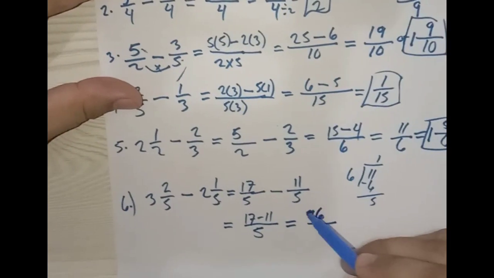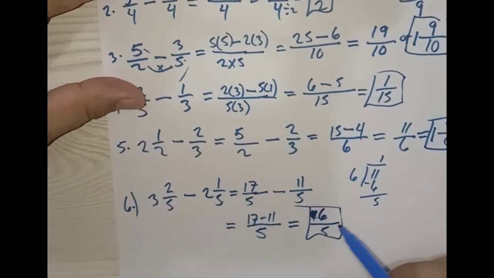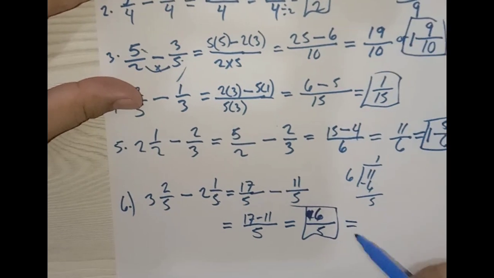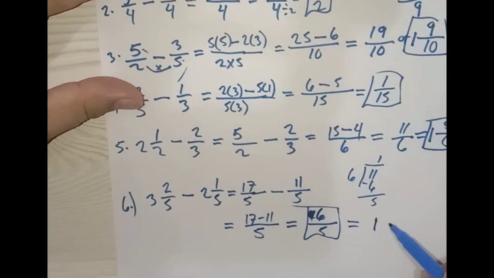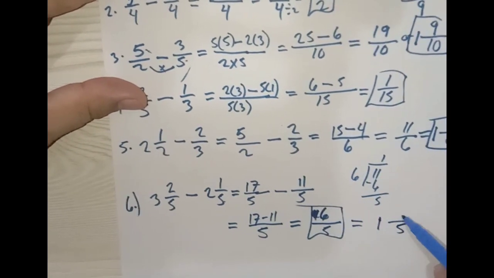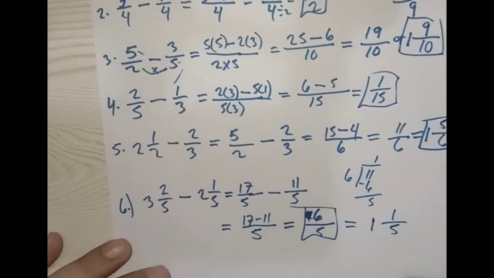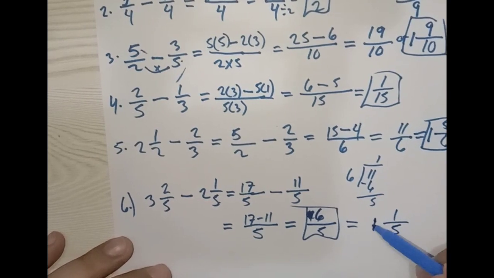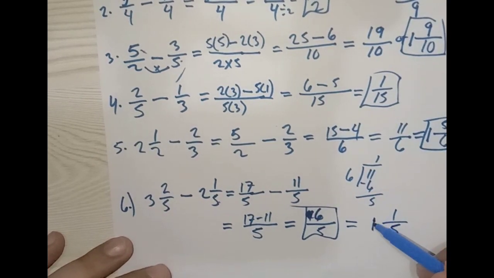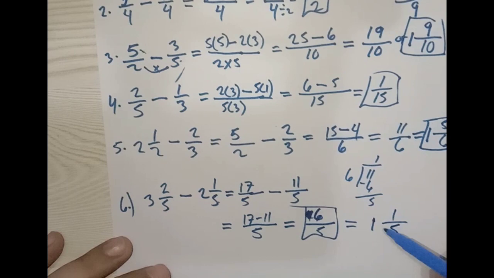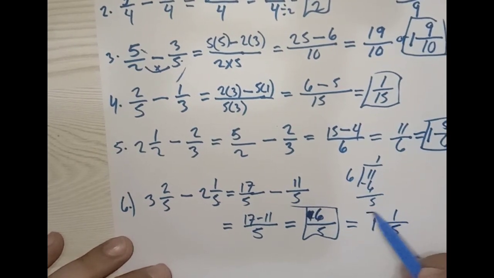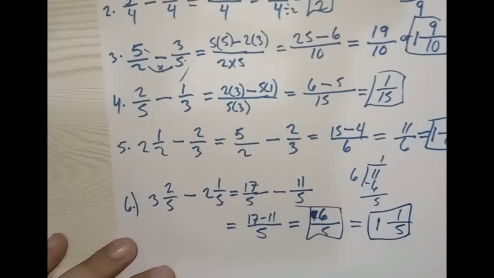So, ila-lowest term pa natin to into mixed number, 1 and 1/5. Kasi 5 times 1 is 5 plus 1 is 6. So, this is our final answer into mixed number form.